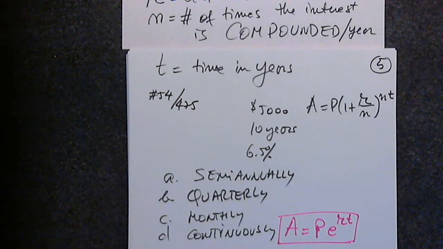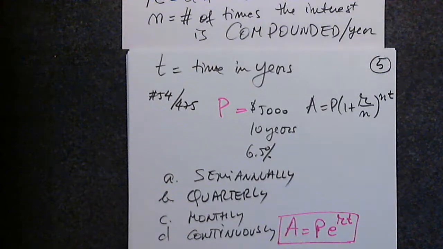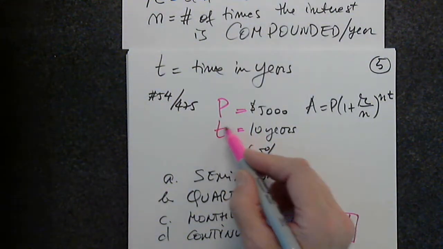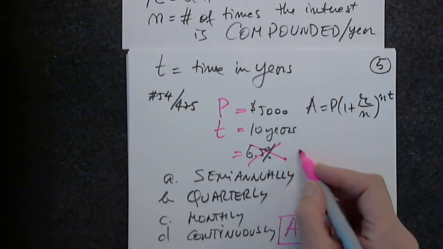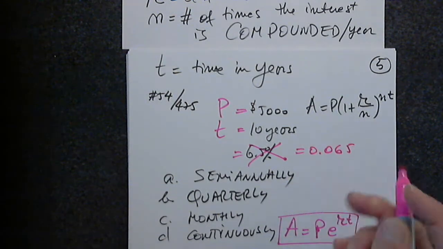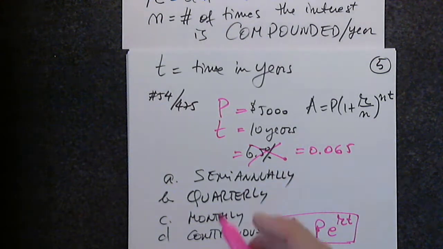So 5,000 would be the P. Yes, exactly. 5,000 is the principal. Well done. 10 years would be lowercase t. And this, which cannot be used as a percent, please make sure you are using 0.065, the lowercase r.